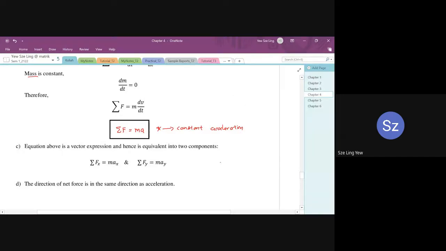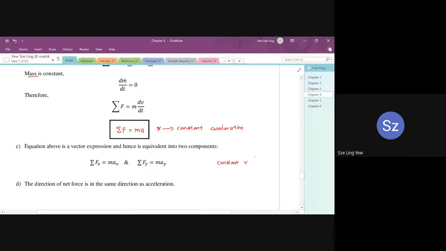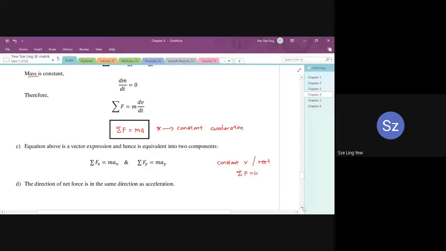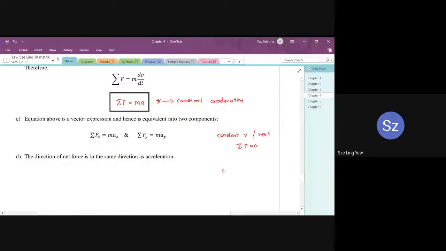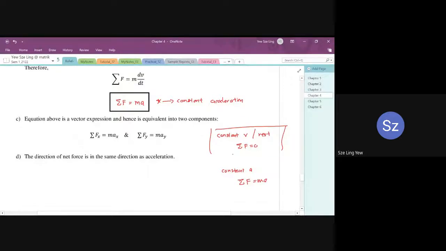If your question tells you the object is moving with constant v, or at rest, then we apply the first law. If the question tells you the object is moving with constant a, then we apply Newton's second law. So first law and second law have their own keywords.